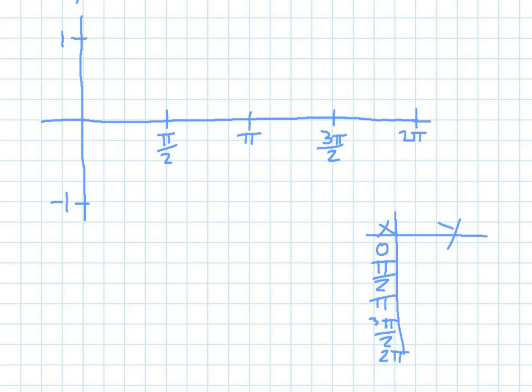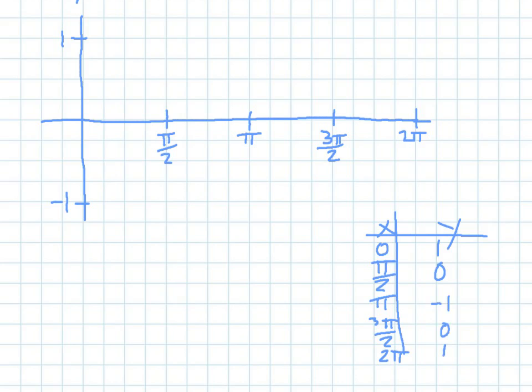Okay, so plugging in 0 for cosine would be 1, and then cosine at pi over 2 is 0. Cosine at pi is negative 1. Cosine at 3 pi over 2 is 0 again. And then cosine at 2 pi is 1 again.